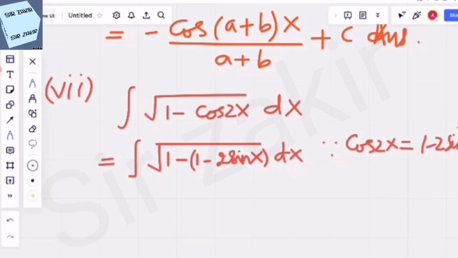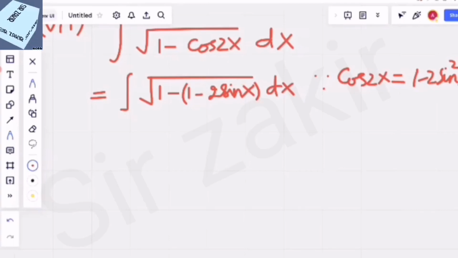This is the replacement of cos 2x. Cos 2x has three forms. One of them is 1 minus 2 sin^2 x. It's used as a replacement here, and so this 1 is cancelled by this minus 1, and now what is it?